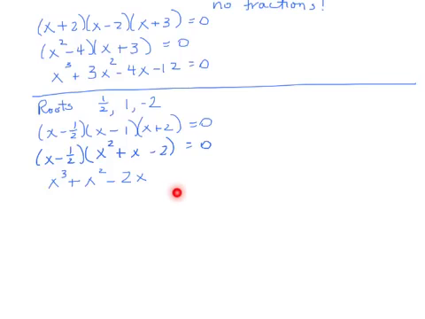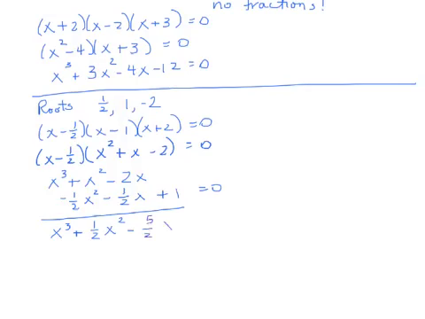So -1/2 is -1/2 times x squared, and then minus 1/2 x, and then plus 1 equals 0. And I'm going to add them up. So I've got x cubed plus 1/2 x squared. I think that's a 5/2 x, and then plus 1 equals 0.